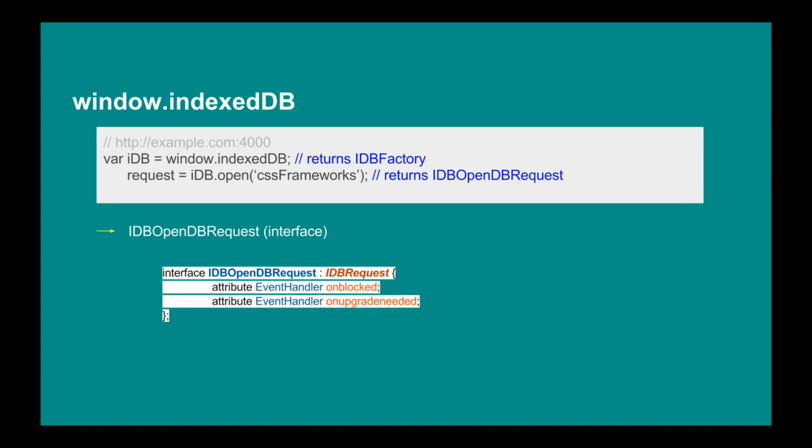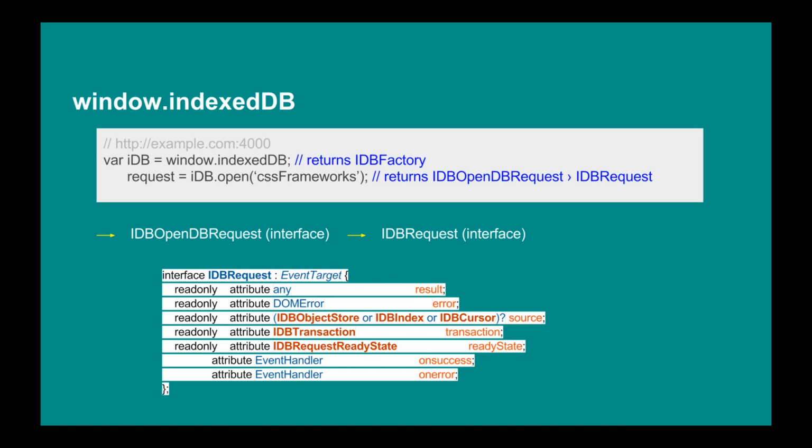Okay, what happens when we try to open a DB? Internally, this is going to return an IDBOpenDBRequest object, because when you try to open a DB, it's going to implement an interface called IDBOpenDBRequest that has two event handlers in it, onblocked and onupgradeneeded.